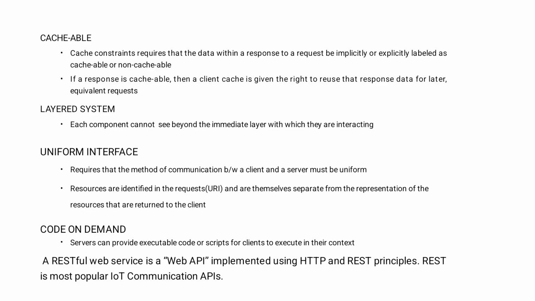Uniform interface requires that the method of communication between the client and server must be uniform. Resources are identified in requests, that is URIs, and are themselves separate from the representation of the resource that is returned to the client. Code on demand: servers can provide executable code or scripts for the client to execute in their context.